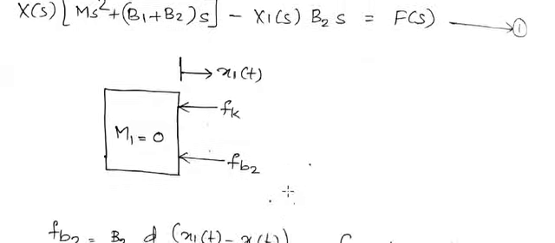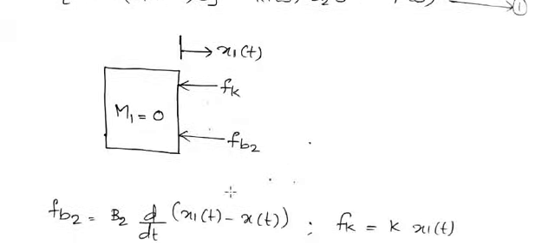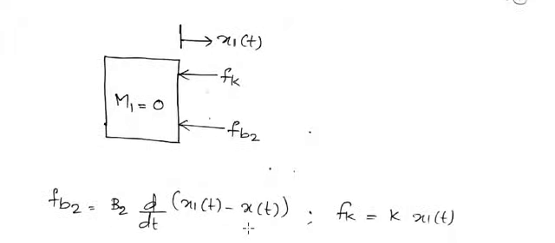Now Fb2, as we have seen earlier, this B2 is connected between M and M1. So we have to consider both the displacements. Right now we are discussing M1, and hence we have to write the displacement of M1 first. So we have Fb2 equal to B2 into d by dt of (x1(t) minus x(t)), and Fk is equal to stiffness into its corresponding displacement x1(t), right?